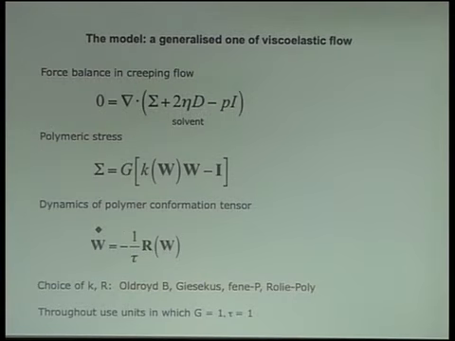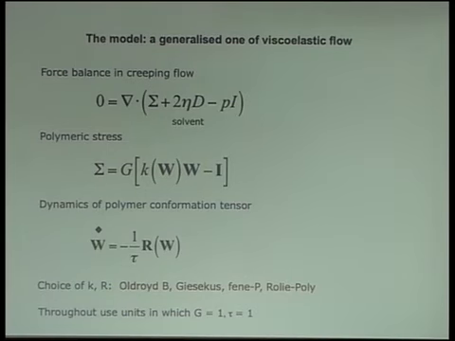And this is the equation set with which I'm going to tackle that. And it's exactly of the form you've seen before. There's a condition of creeping flow with a viscoelastic stress that depends on an underlying conformation tensor, and then we can write down some dynamics of the conformation tensor. I've deliberately written that in a very, very generalised form with these generalised functions k and r, because what I want to do is some analytical work that derives, in a very general way, a criterion for the onset of necking that doesn't depend on which particular constitutive model or fluid we're thinking about.